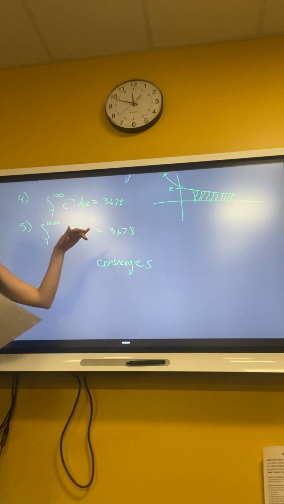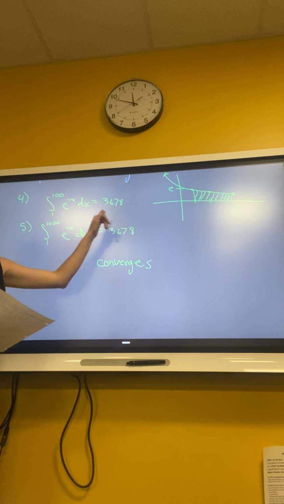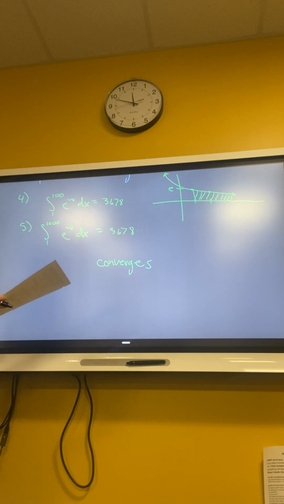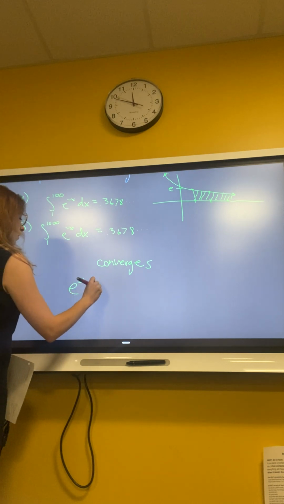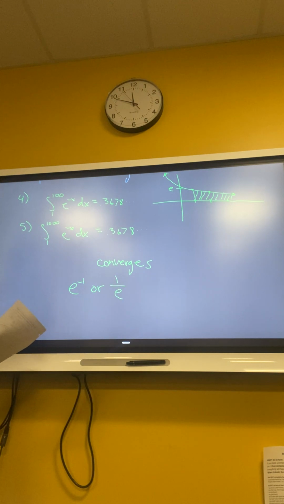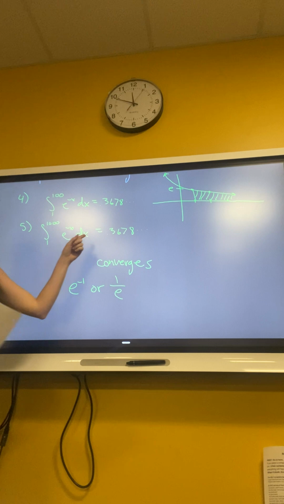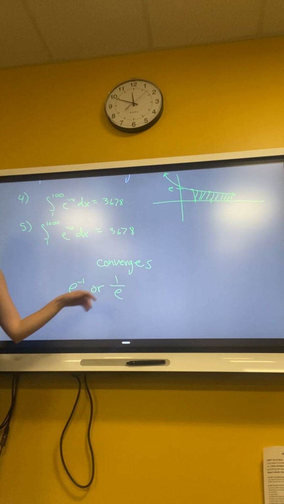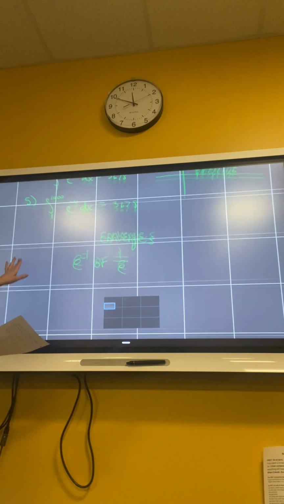What's weird is this actually comes out to 1 over e. So e to the -1, or 1 over e, is what this is converging to. Are you supposed to memorize those values? No, it would be helpful to know what e is, but I don't expect you to know that 0.3678 yada yada is 1 over e.